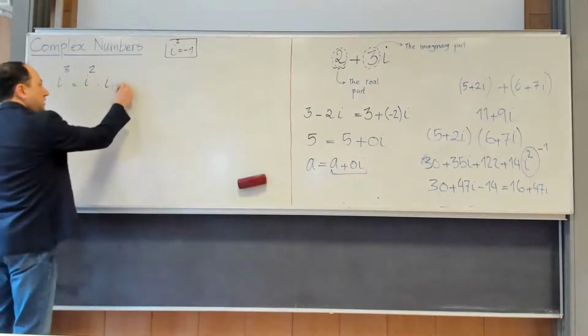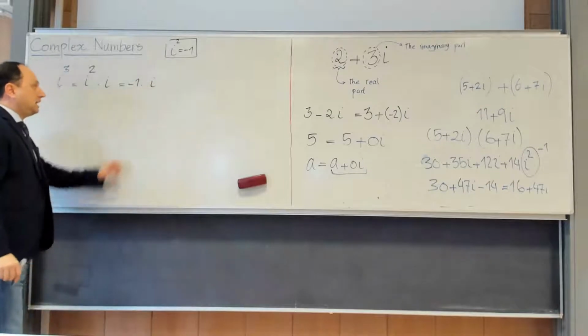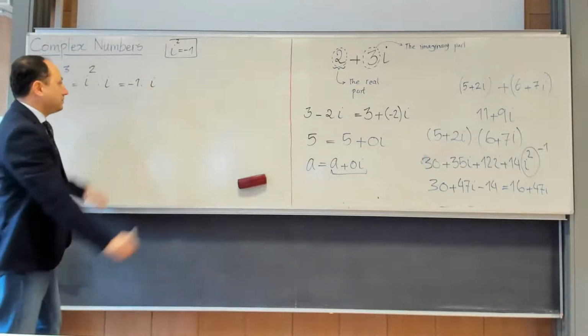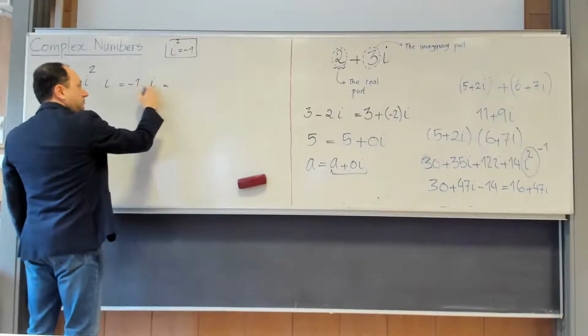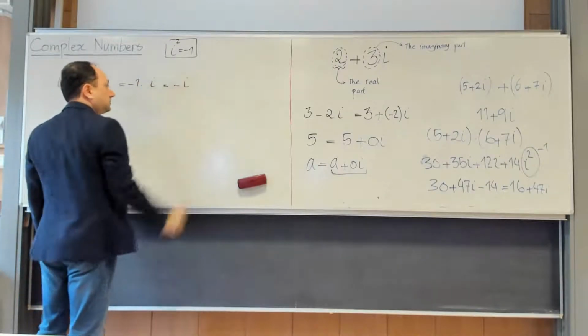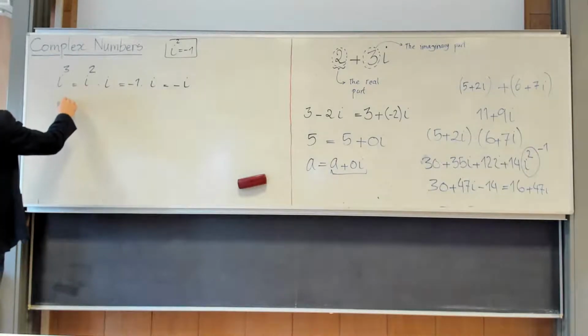So it becomes -1 times i. But again, I want to keep the rules the same: any number multiplied by -1 is the negative of that number. So it means that i to the power of 3 is -i. Is that understandable? Yes. So what is i to the power of 4?